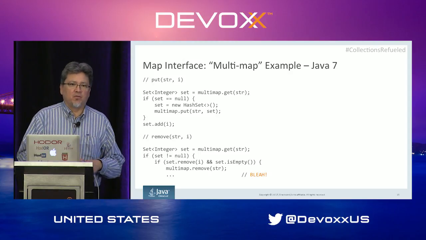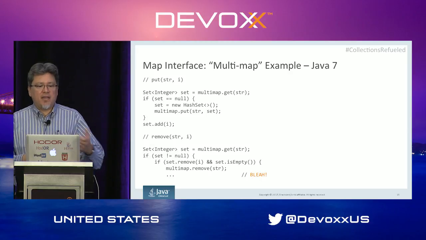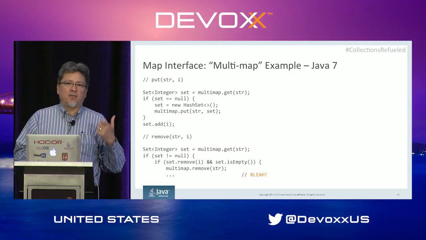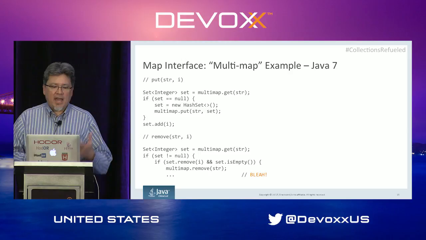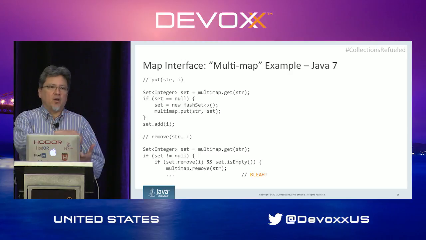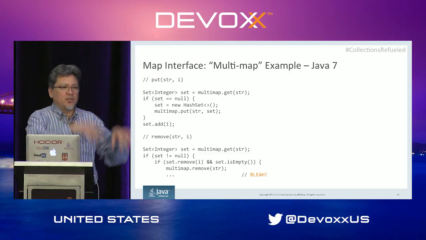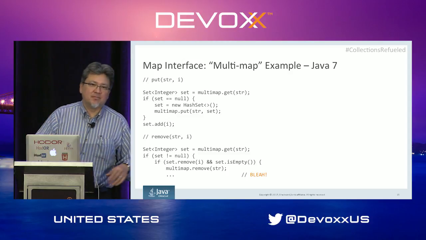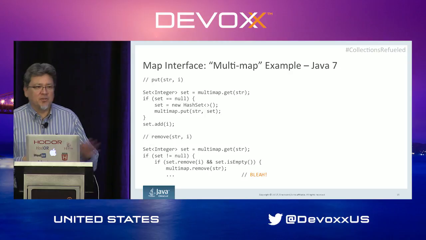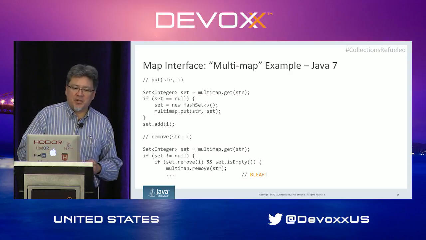There's a similar thing for removal, except kind of in reverse. I have to get the value corresponding to this key, and if it's non-null, then I go ahead and remove it from the set. Oh, but also, if the set now became empty, I want to remove the whole thing. And in fact, I'm out of room on the slide, so the code is already too bulky.